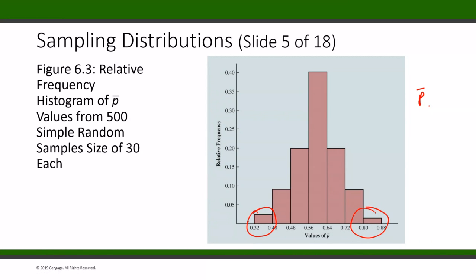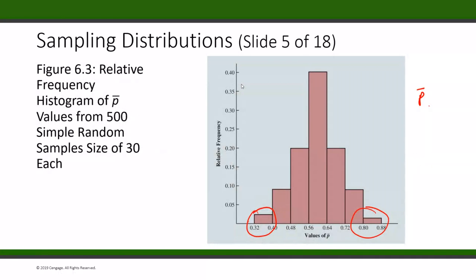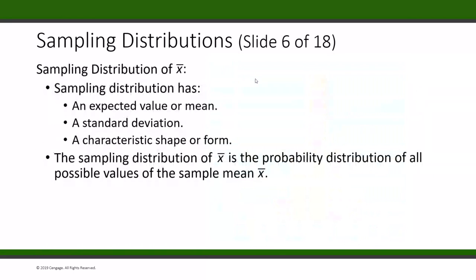The edges are very small, but whenever we take a sample, we find a higher percentage, almost 40%, have attended the training. So we also have to check in the population what percentage has actually attended the training. So the sampling distribution is there.